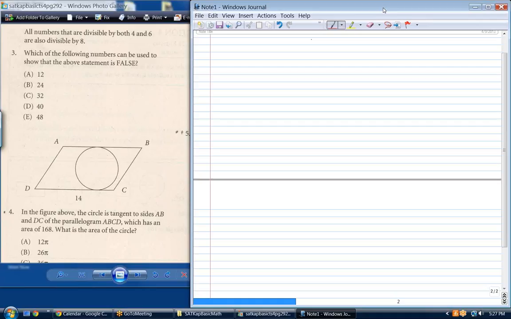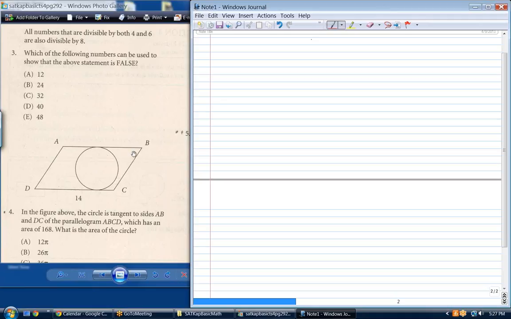Same with E. The problem with C is that it is not divisible by 4 and 6, so we can't use it to disprove it, nor is D. But A disproves it. It's an example of a number that is divisible by both 4 and 6, but not divisible by 8.